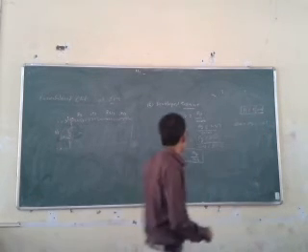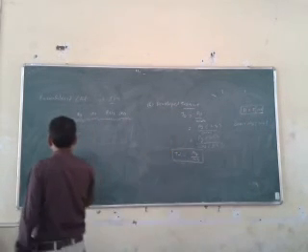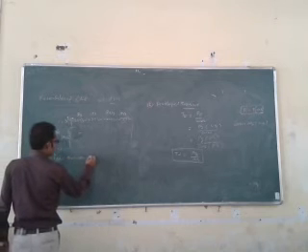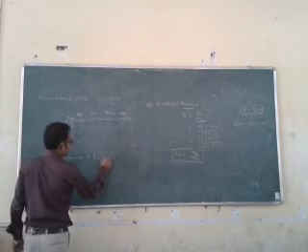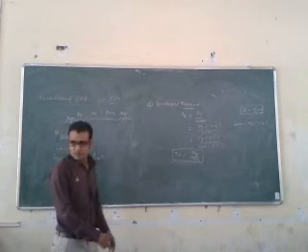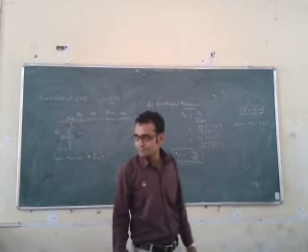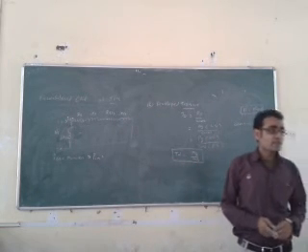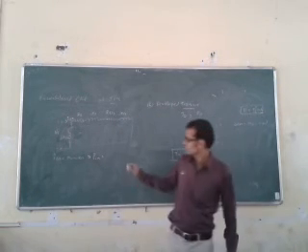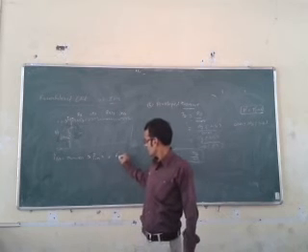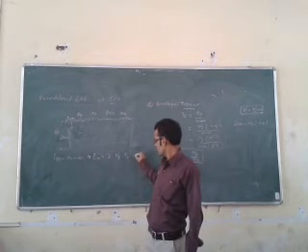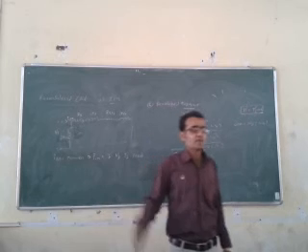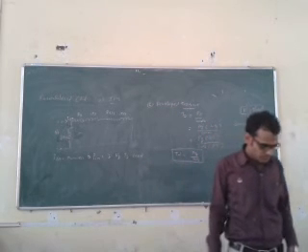Next one is the input power. It is 3 times VS IS into cos theta: 3 times supply voltage, supply current, and the cos of the angle between voltage and current.